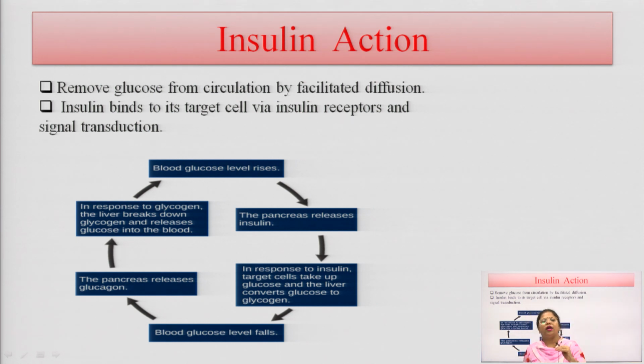The level of blood sugar is reduced, and whenever the blood glucose level is reduced, the pancreas releases glucagon and stops releasing insulin, because the level of blood sugar has reduced. Then the pancreas starts secreting glucagon, which triggers the liver to convert glycogen into glucose, so that the level of blood glucose is controlled. So, this is the main action of insulin here.